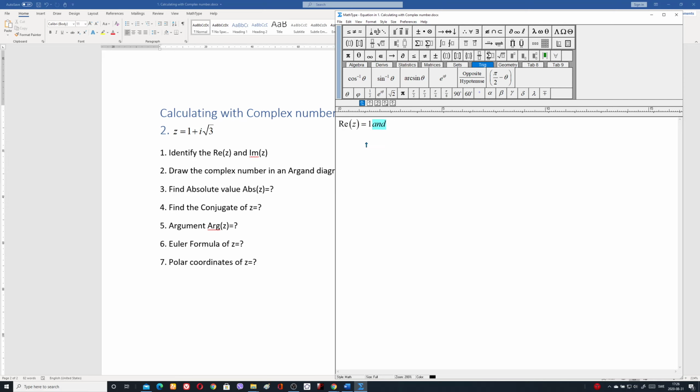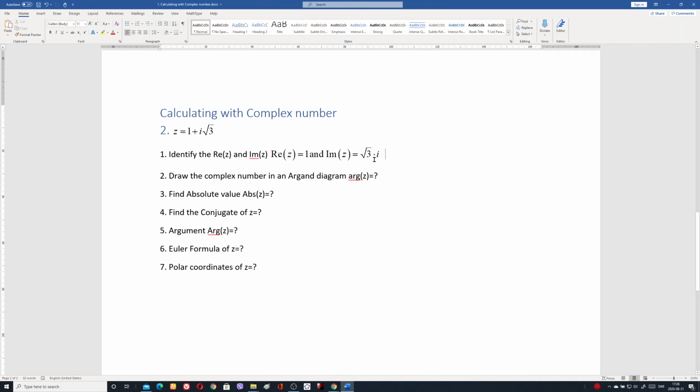So, and we have an imaginary part of z equal to the square root of 3 multiplied by i. Well, let me do that like this. So the real part is 1 and the imaginary part is the square root of 3 multiplied by i. Okay, so this we've done now.